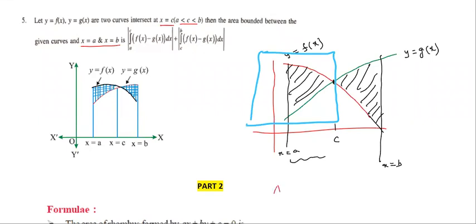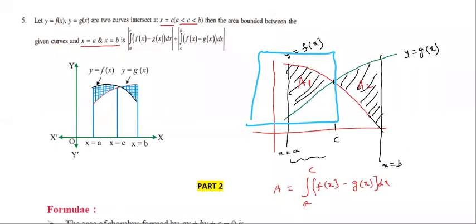So the required area A is equal to a to c, where f of x is the upper curve, minus g of x, the lower curve. Students, have all of you understood? We got the first area. Suppose this is A1, and you have to think of the second as A2. A1 plus A2 is equal to the total area A.